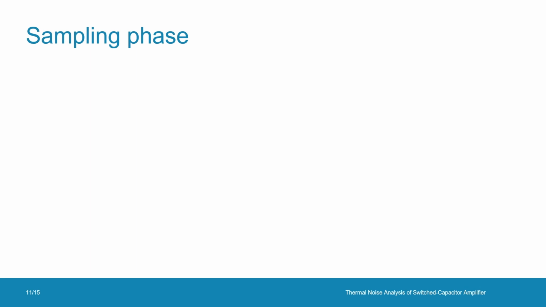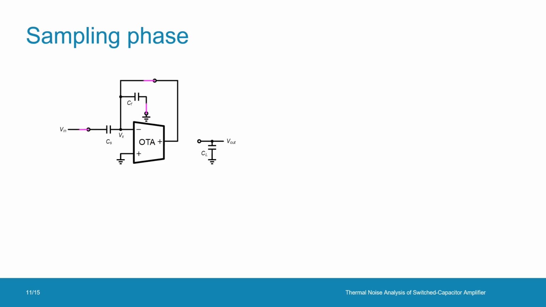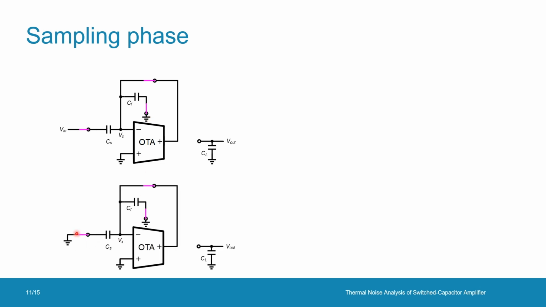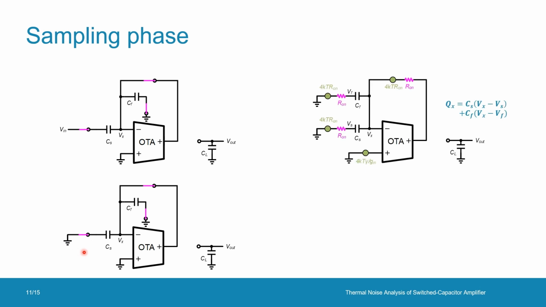Now, for noise analysis in the sampling phase, we need to find the noise charge at node Vx, because as mentioned before, this charge will be transferred to the feedback capacitor CF in the following redistribution phase, and then appears as a noise voltage at the output. So for this purpose, we short the input to ground and represent every switch with its on resistance Ron and noise PSD 4kT Ron.